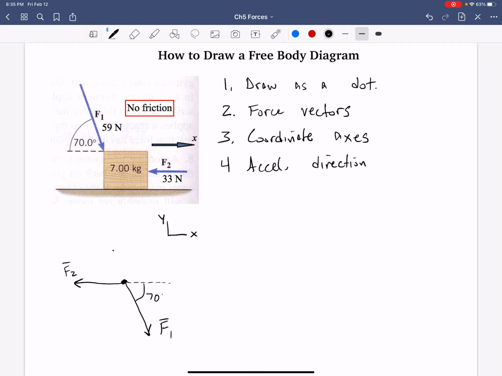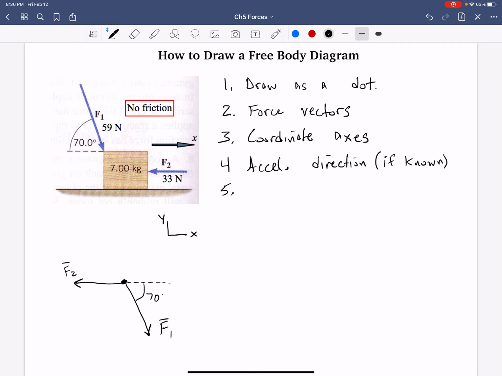The gravitational force would be pulling it downwards. So you would draw a tiny arrow down, okay? In this case, we don't necessarily know if it will accelerate or not. So I'm not going to draw the acceleration on the free body diagram. I'll say, if known.